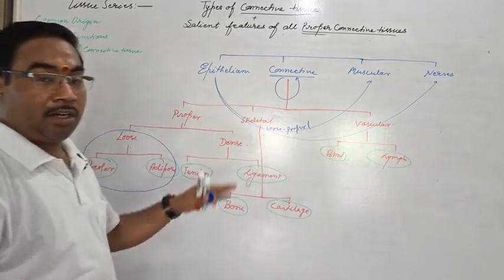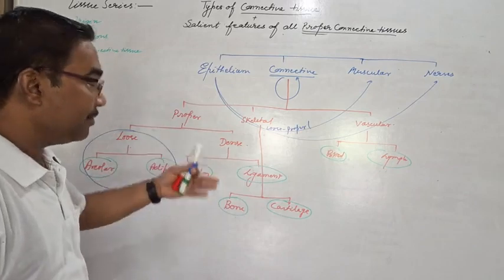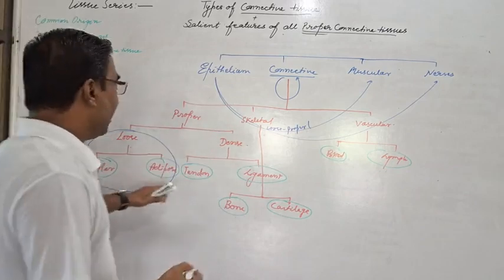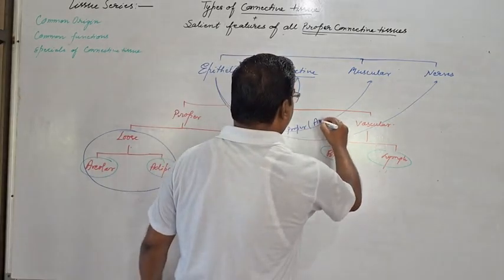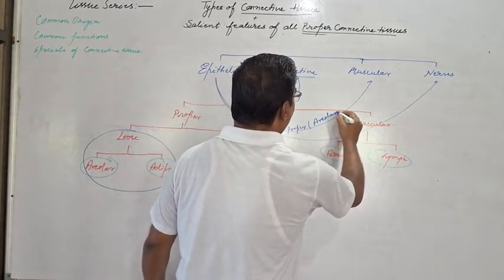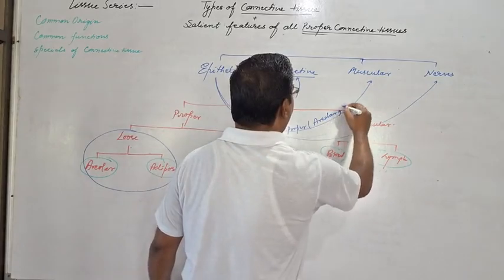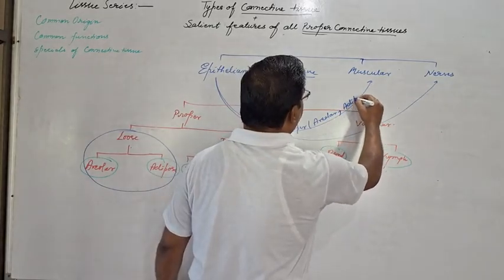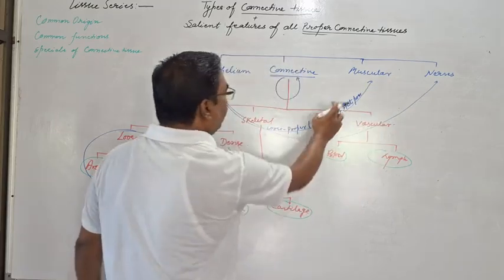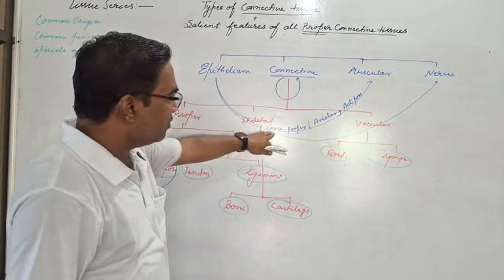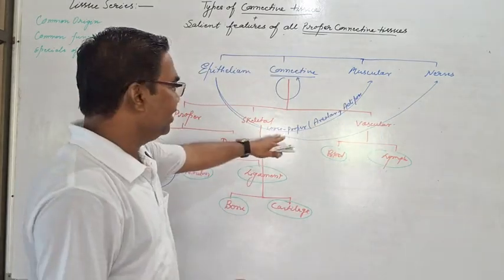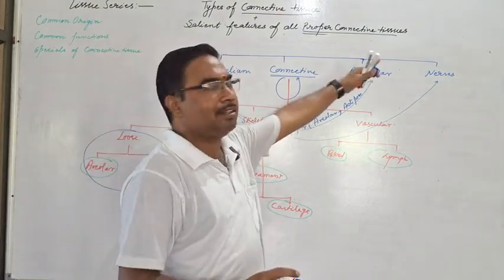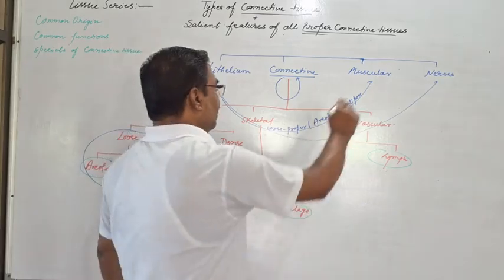What are the different types of loose proper? Here areolar and adipose. So here you should learn areolar and adipose. Areolar and adipose are the types of loose proper connective tissue, and these are connecting epithelium to muscular.